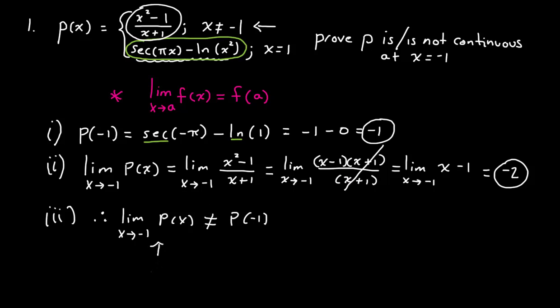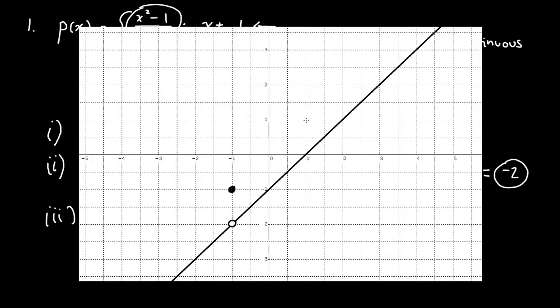Because this is equal to -2, and this is equal to -1. But the important part here is that I draw this definition and I write a not equals, because from that, I then conclude, these 3 dots mean therefore, p, the function p, is not continuous at x equals -1.